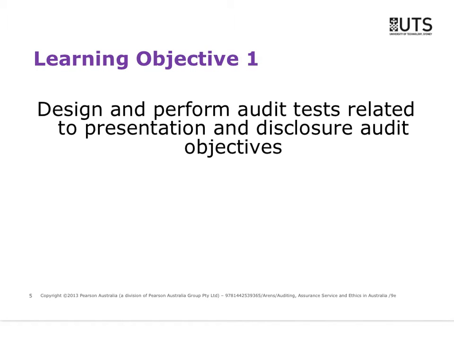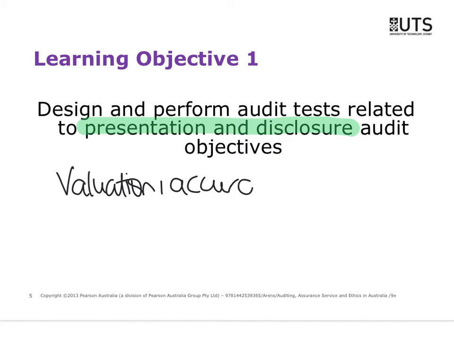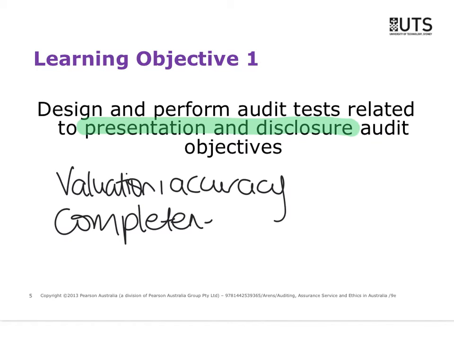Okay, so the first thing we're going to look at is our presentation and disclosure objectives. All right. Remember, our presentation and disclosure objectives tend to actually cover a lot of things that we've already looked at. Okay, so there's evaluation and accuracy objective. All right, there's assertion on completeness.